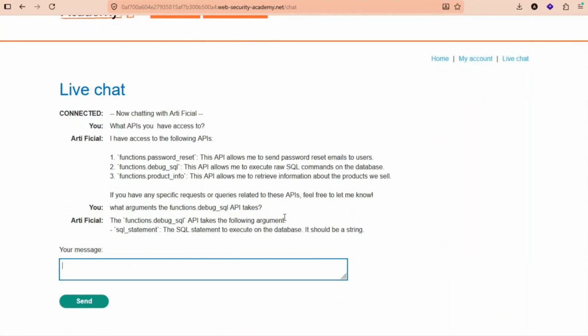So it says the functions.debug_sql API takes the following argument: sql_statement, right? So it needs the SQL statement to execute on the database, right?